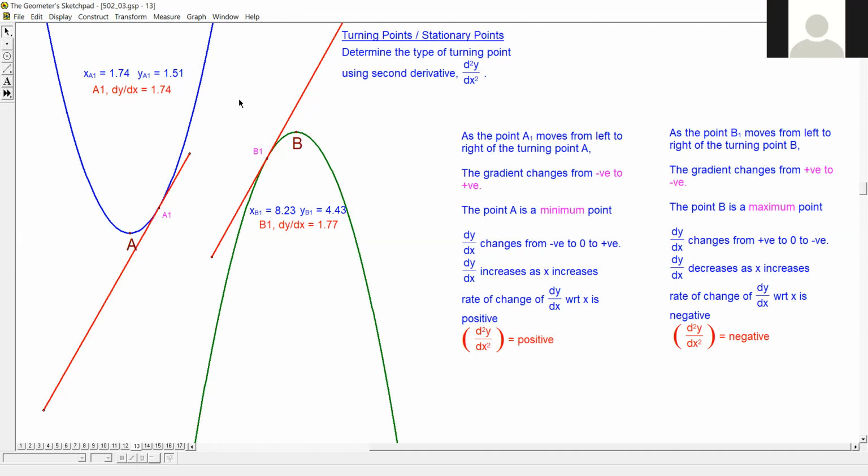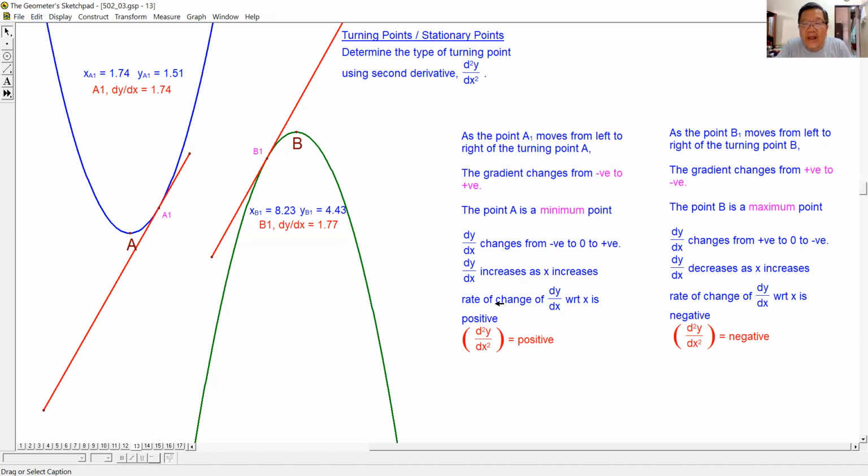Increase. Now, when you say increase, that means dy dx increases as x increases. The rate of change of dy dx with respect to x is positive. Increase means positive.